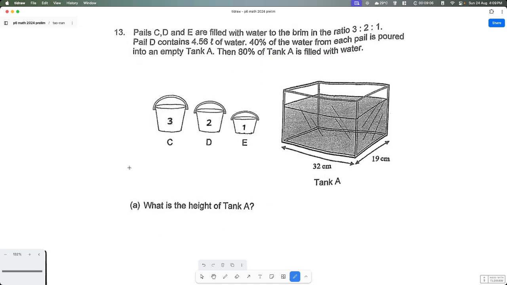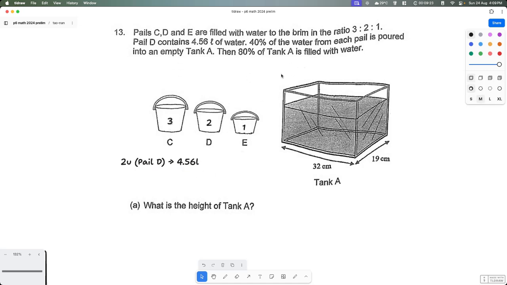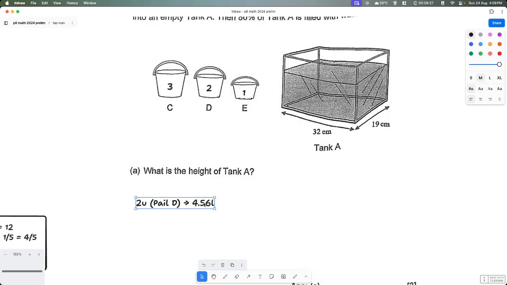So we know that pail D, which is 2 units, is equal to 4.56 liters. 40% of each pail is added inside, so we want to get the total units as well.